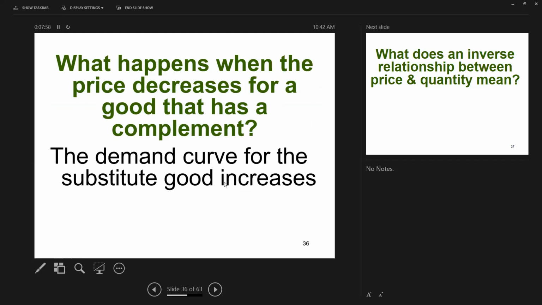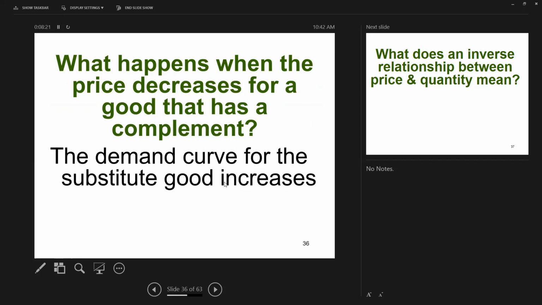Okay. On the opposite side of things, and this typically makes more sense to us, what if computers went on sale? What if they cut the price of computers in half? So instead of spending $500 for a nice laptop, you only had to pay $250, or instead of paying $800 for a nice desktop, you only had to pay $400.